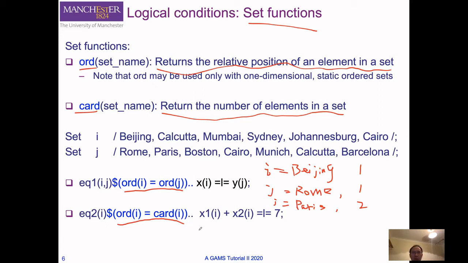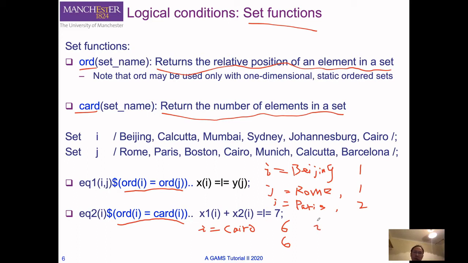For instance, if I is equal to Cairo, then the relative position of this element Cairo in set I is equal to 6, and the total number of elements in set I is also equal to 6. That means this logical condition is true, then this constraint will be imposed.